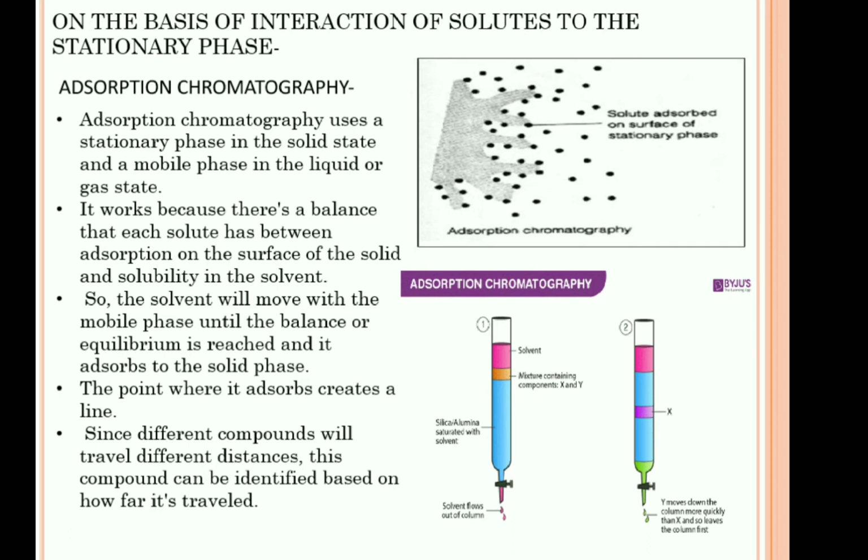What happens in adsorption chromatography is, this adsorption chromatography is the analytical separation technique in which there is interaction between the adsorbent and the adsorbate. So what is this adsorbent and adsorbate? The substance or the component of the sample which we wanted to get separated through this chromatographic technique gets adsorbed on the surface.